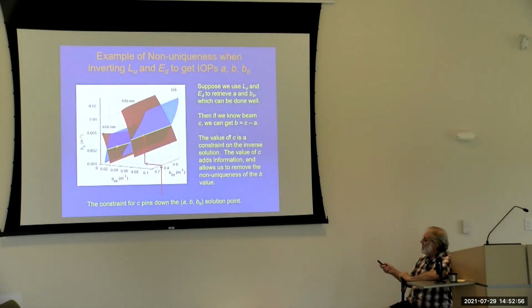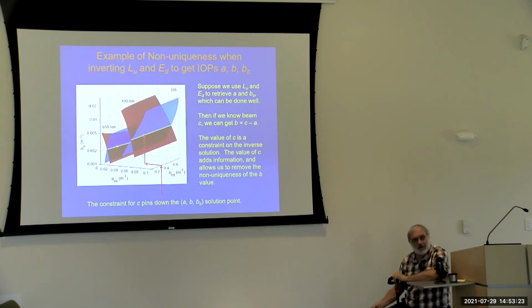If you knew the beam attenuation coefficient, then you would say, oh, this is the point that has the correct b value so that b plus absorption equals the beam attenuation that I measured. So you've now added some new information. You have three bits of information. You can retrieve three numbers.